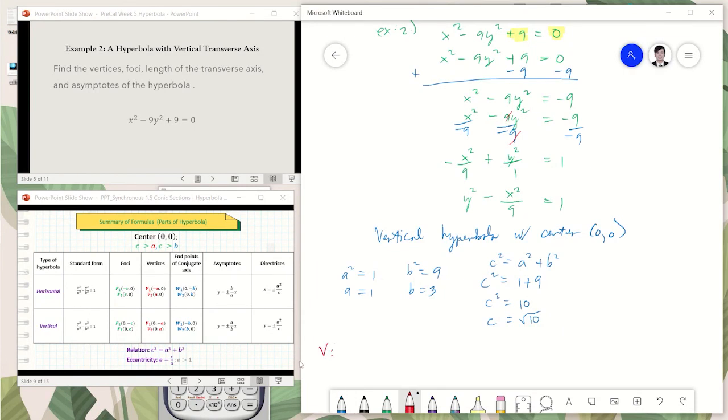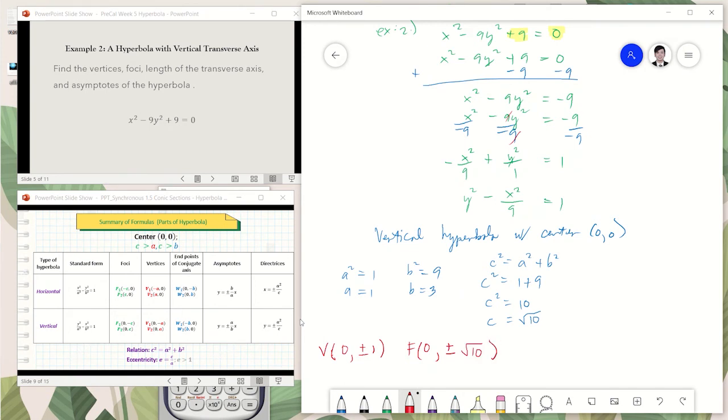First, with the vertex. The vertices, rather, is just 0 for the x coordinate, positive or negative of the a, which is 1. Next would be the foci. The x coordinate is 0. Then the y coordinate is either positive or negative of the c.